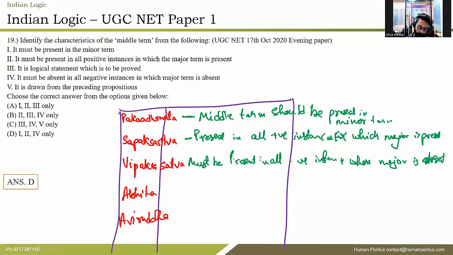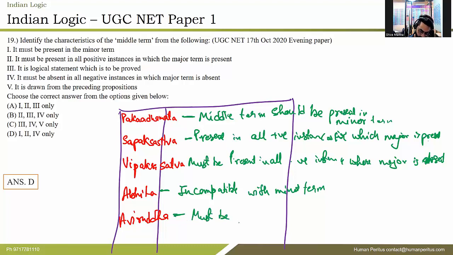Okay. Abadhita means it should be incompatible with minor term. And aviruddha means it must be qualified.